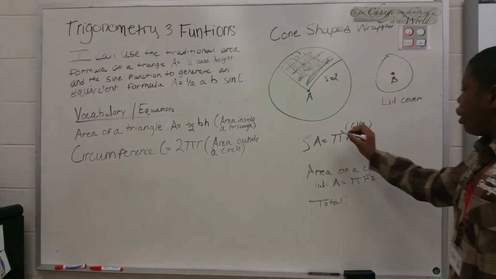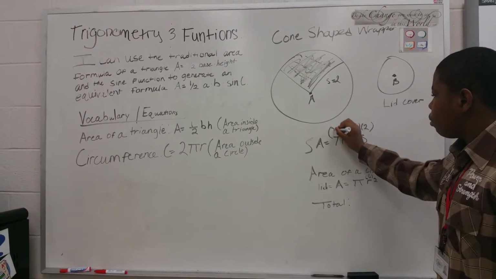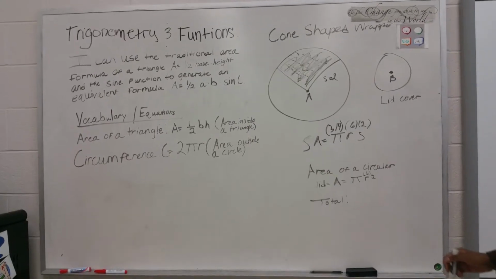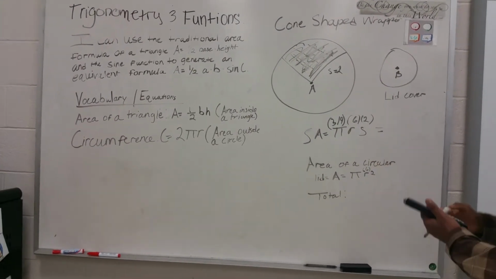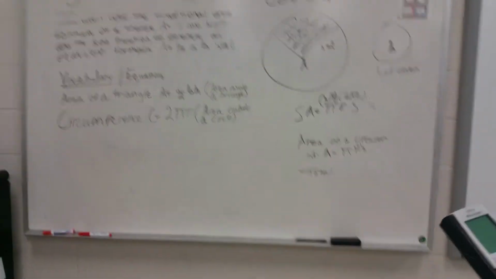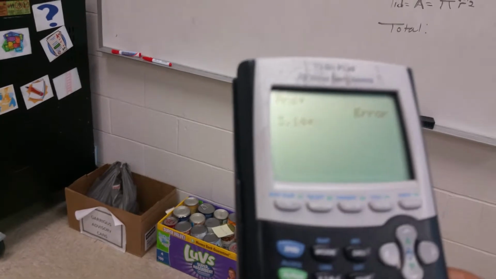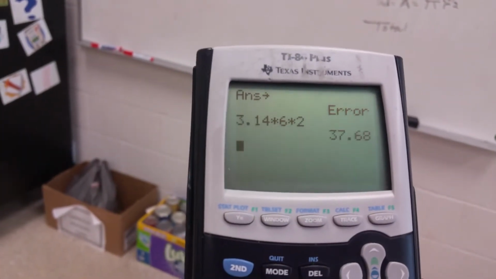Pi is 3.14. And when we multiply this, we get our surface area for A. 3.14 times 6 times 2 is equal to 37.68.